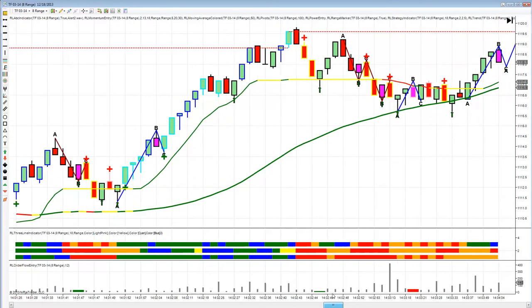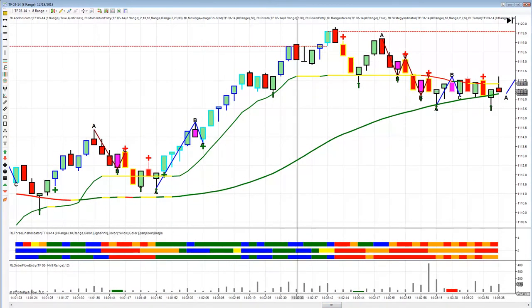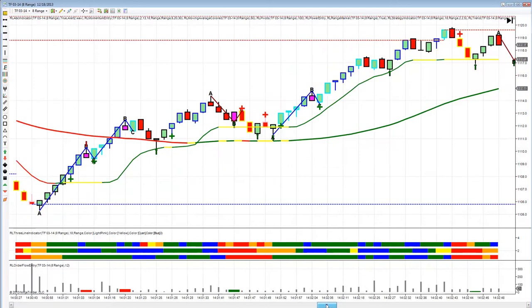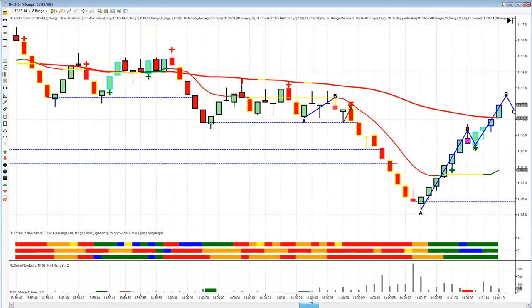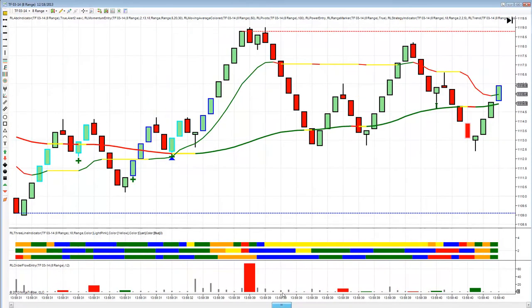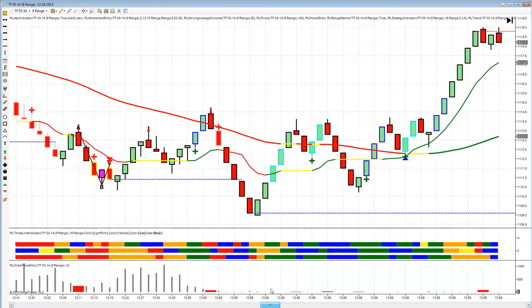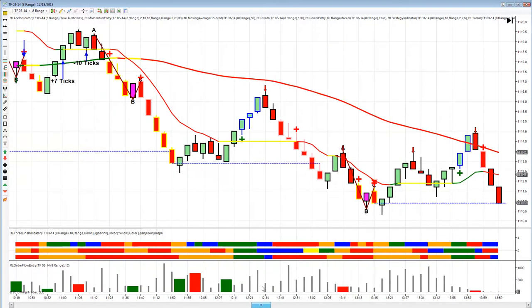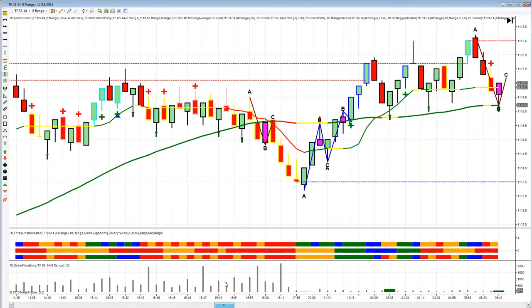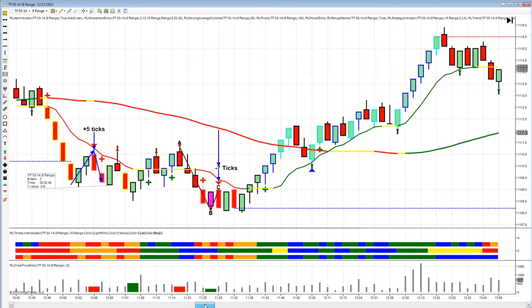And we get a lot of good ones on the Russell. You can see we have a lot of nice C candles, a lot of good trend trades here. Just want to find a really, really nice example of a strategy entry.